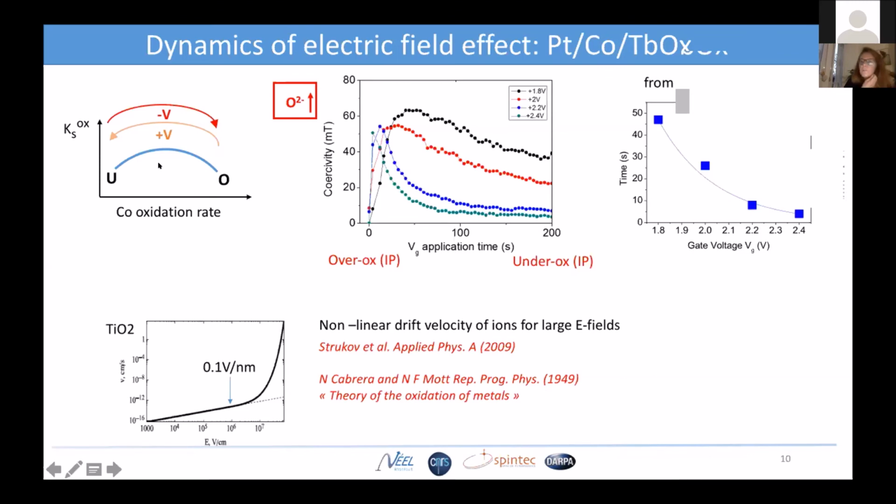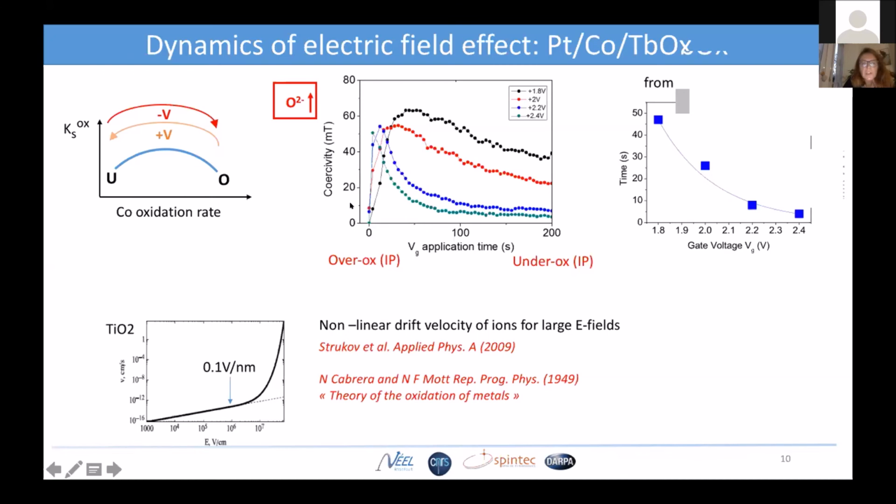In the case of this platinum cobalt terbium, we also show that the electric field can be used to manipulate the anisotropy to go from the under-oxidized state and also beyond the maximum anisotropy, down to the over-oxidized state with in-plane anisotropy.